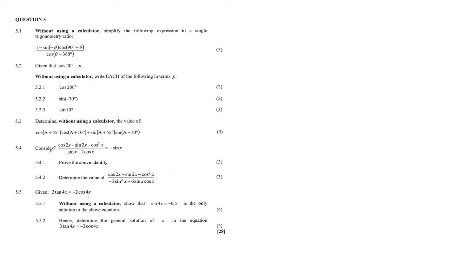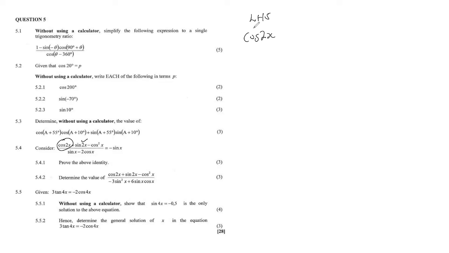Now, 5.4 says consider this whole equation here and then prove the identity. So let's start from the left-hand side and then just go, this is a double angle here. But then at this point, we don't have any ideas as to how we can break that one. So let's just leave it.